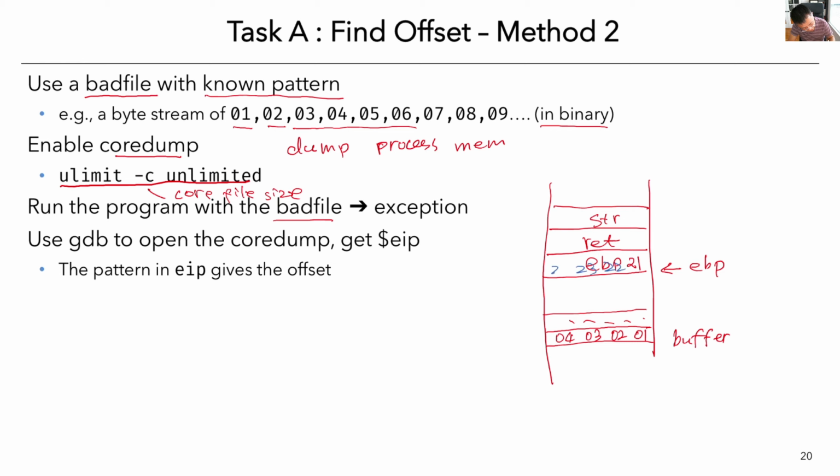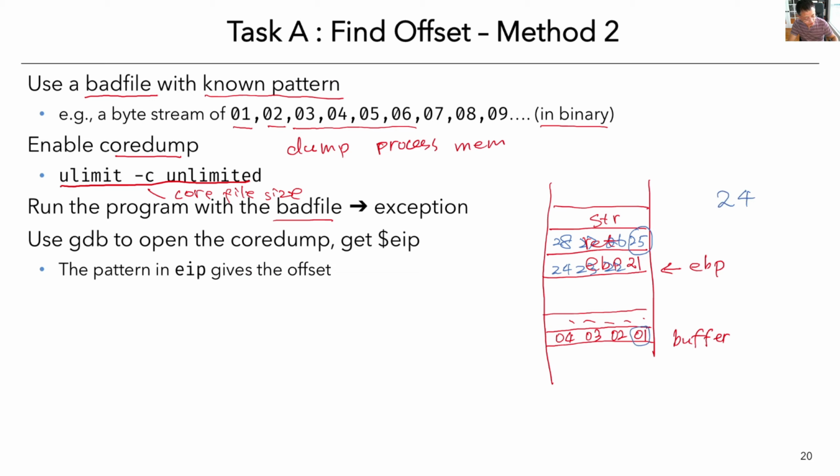Now the distance between the return address, right, will be 25 subtracted by 1, right? So in this case it will be 0x24. Okay, so you fill the buffer with a known pattern.